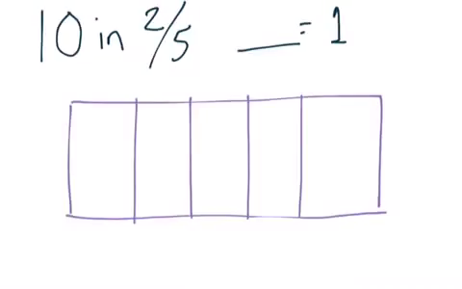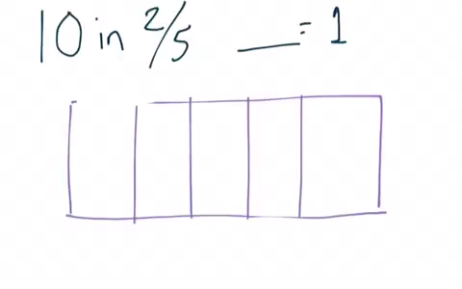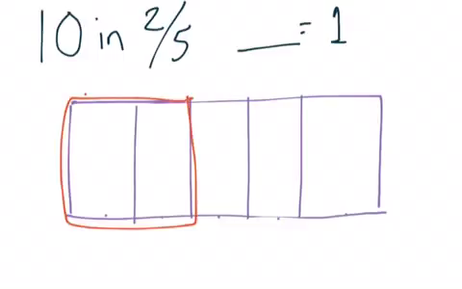Okay, so we have 10 cookies in 2/5 of our box. I already started sketching out my box, and I divided it into 1, 2, 3, 4, 5 equal groups. And we know that in 2/5, so these two sections, we need to divide up 10 cookies. So 1, 2, 3, 4, 5, 6, 7, 8, 9, 10.